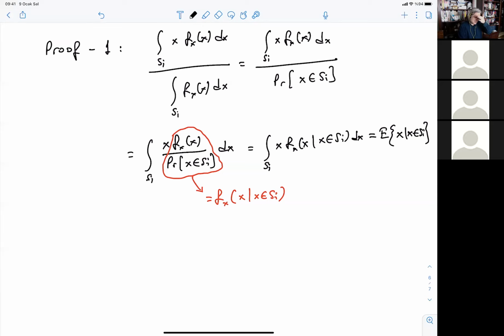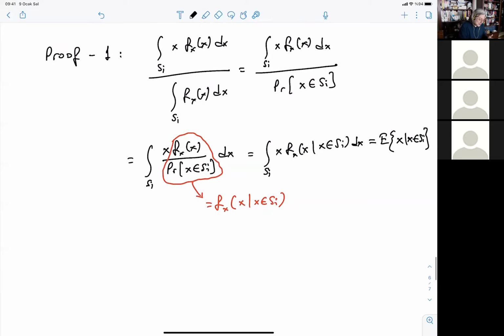So as you see, originally you could also say that this is of course the definition of the expected value of x, conditioned that x is inside Si. Why did I do these steps? It's some gimmick, as you see, to come up with the expression. So I have shown that this is equal to this, which is already equal to yi.